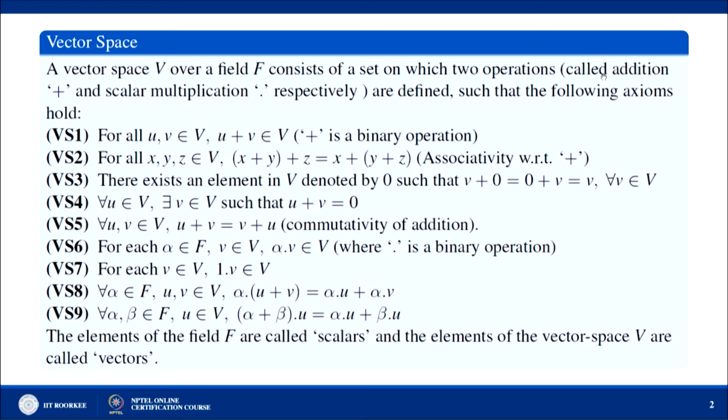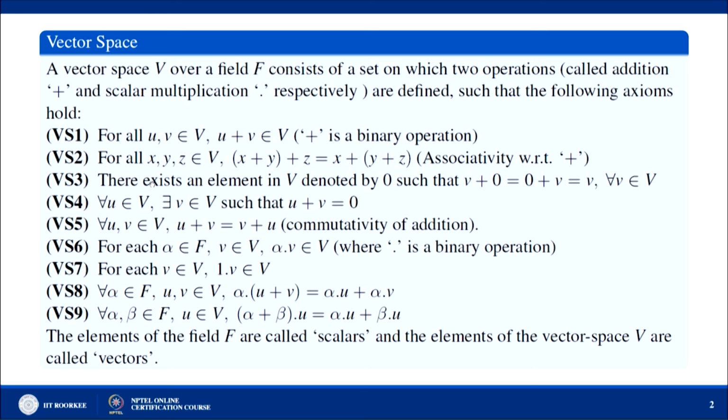You take any arbitrary u and v in V, then with respect to addition the sum is also in V. Now, for all x, y, z in V, (x plus y) plus z is equal to x plus (y plus z). If you put the brackets in the first two or in the last two, both are the same. So, that is the associative property with respect to addition.